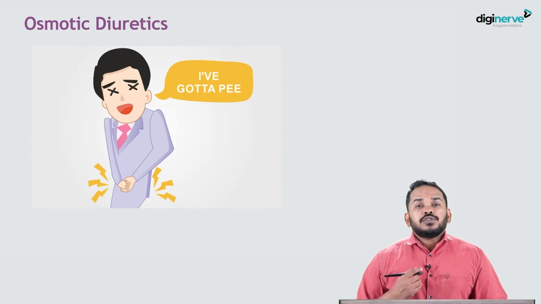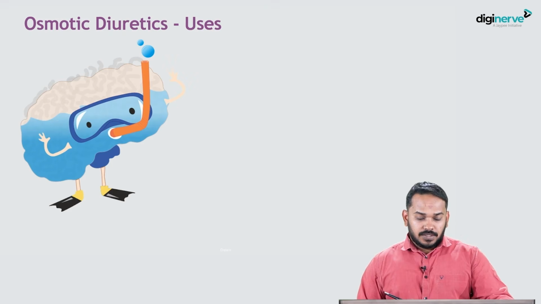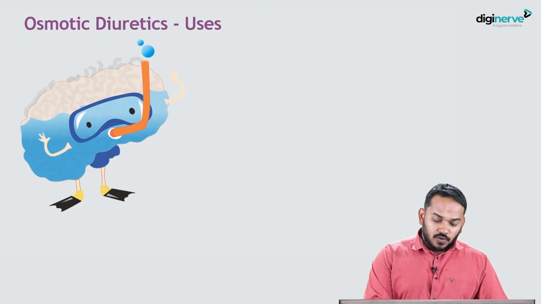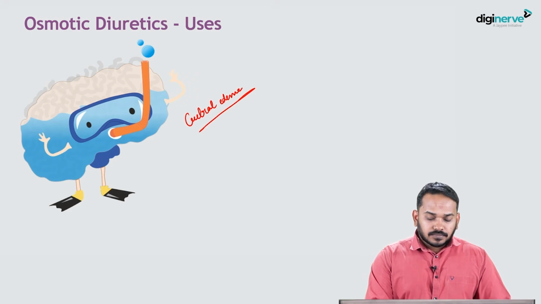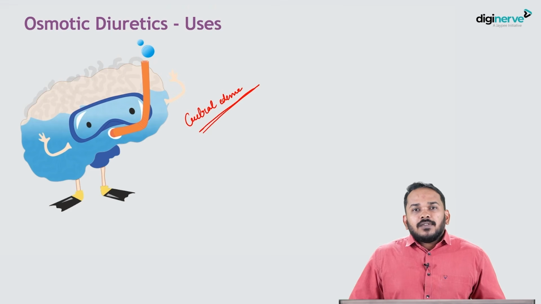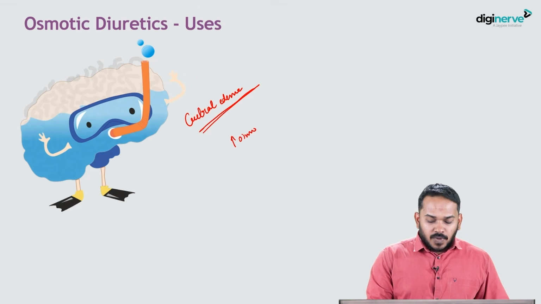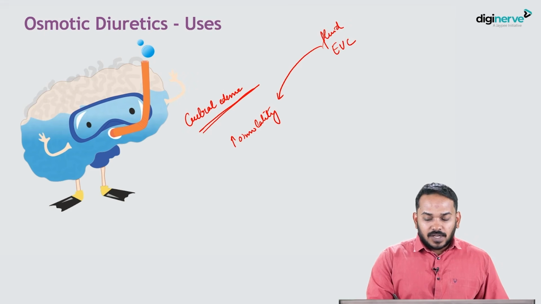We will see what the uses of these osmotic diuretics are. Osmotic diuretics are used for the treatment of cerebral edema. In cerebral edema, these osmotic diuretics will increase the osmolality of the plasma. That will result in movement of fluid from the extravascular compartment into the blood vessels.